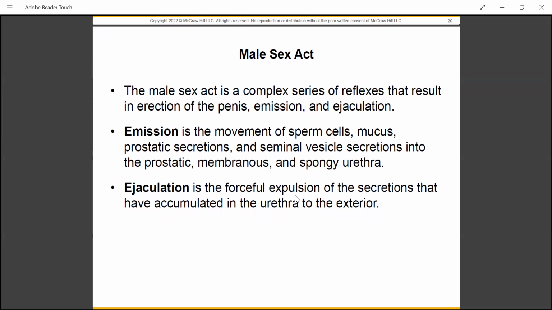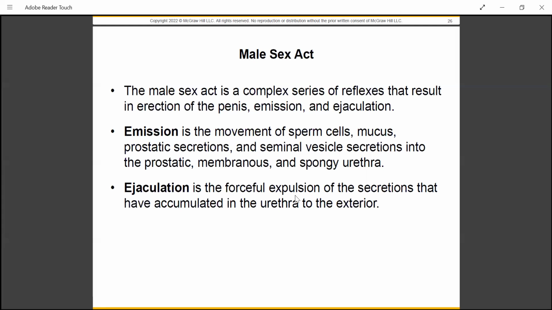So the male sex act itself is a series of different reflexes. And so initially it's going to result in the erection of the penis. And then have two next steps, which we know as emission, and then finally ejaculation. So emission is when sperm cells are actually going to move.